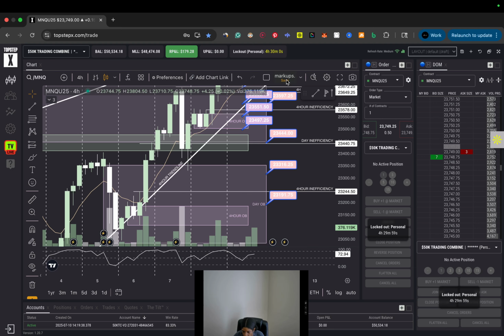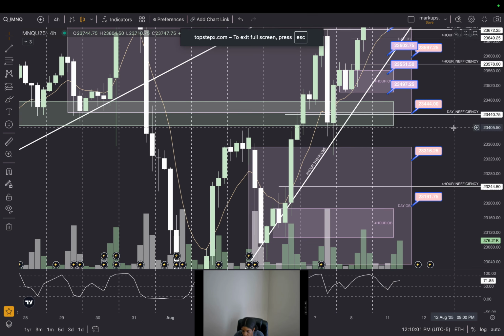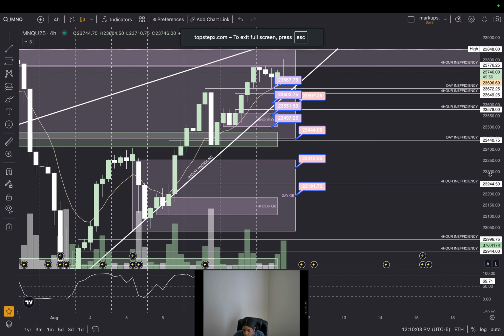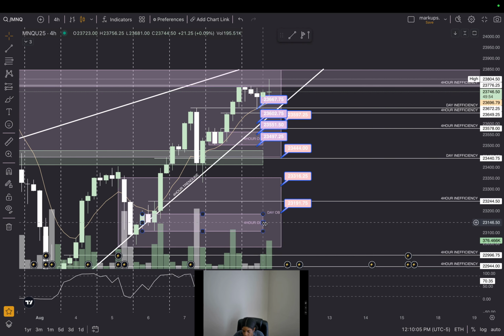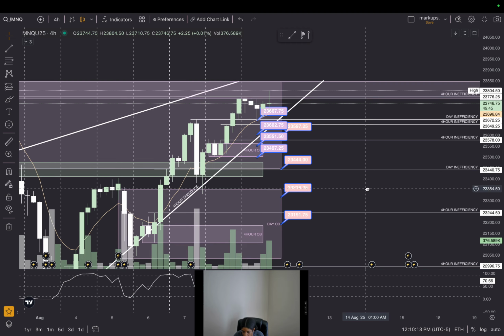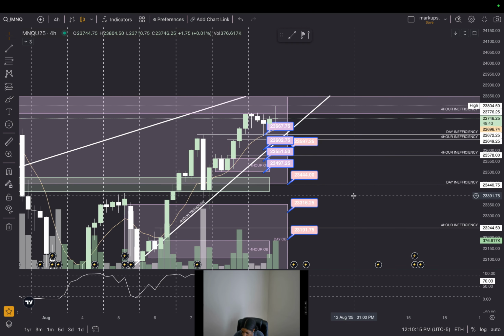I'm gonna go ahead and blow this up. It's a little annoying. So we have this 4-hour order block right here that's inside of this day order block. We also additionally had a 4-hour inefficiency, and that's the day inefficiency from there as well.